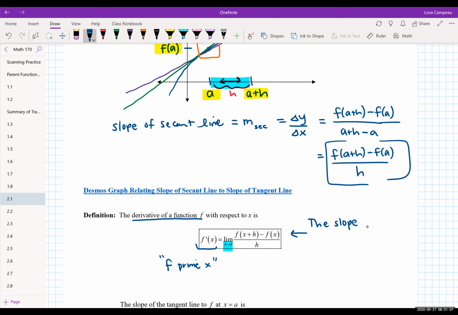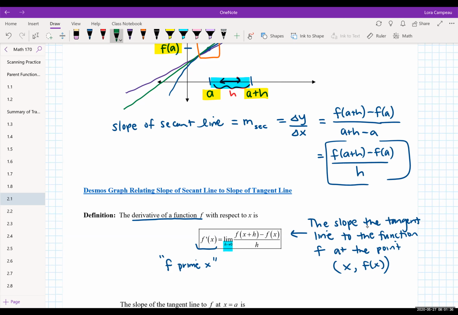We actually have the slope of the tangent line to the function f at the point, in little ordered pairs, x, comma, f of x.